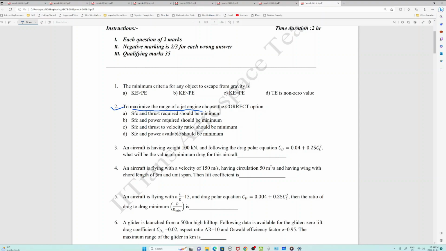So jet engine means thrust. We will concentrate on these A and C. So obviously SFC and thrust required should be minimum. This is the correct answer. Maximize the range, and SFC and thrust to velocity ratio.